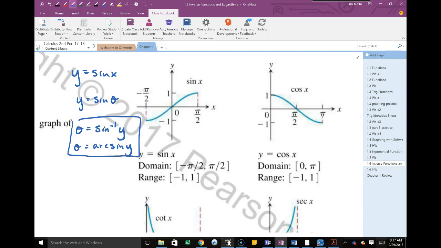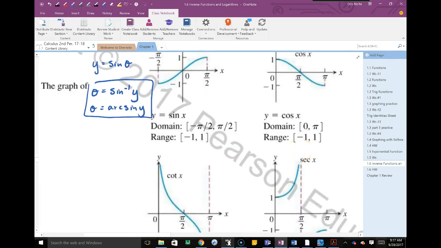Okay, so I'm going to leave it at that. All of your functions have inverses, so inverse of cosine is arc cosine, inverse of tangent is arc tan, and so forth. That's all I'm going to say.